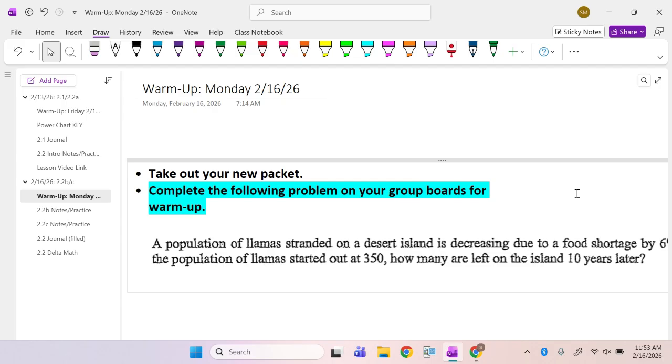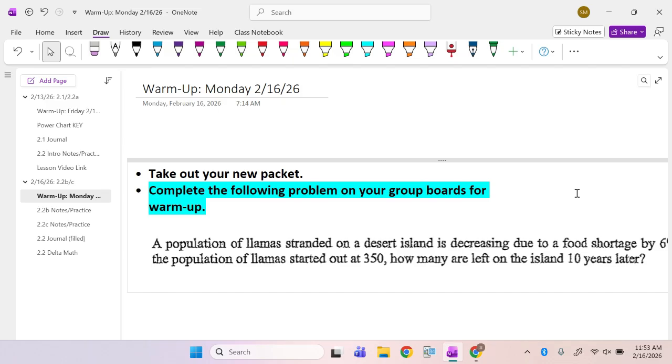So I'm going to take all of that and plug it into my function. So I have A is equal to 350 times 1 minus 0.06, all raised to the 10 power. Now, if I want to simplify this a little more, I can simplify what's in the parentheses. So A is equal to 350 times 0.94 raised to the 10th power.